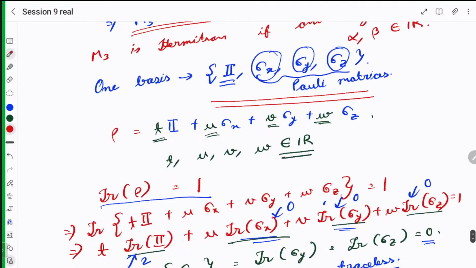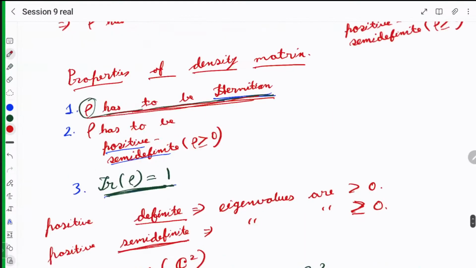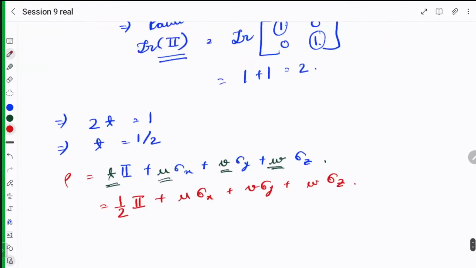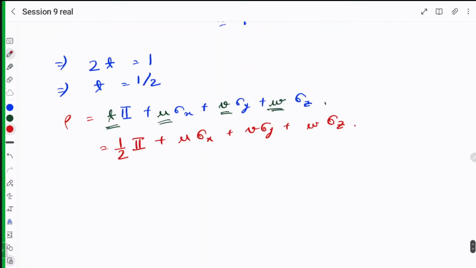So rho has to be positive semi-definite, or in other words, the eigenvalues are greater than or equal to 0. If you write this rho in matrix form, I'll just tell you the results right now, you can check at home: half plus W, half minus W, U minus iV, and U plus iV.